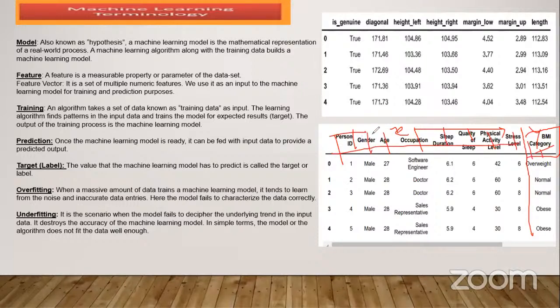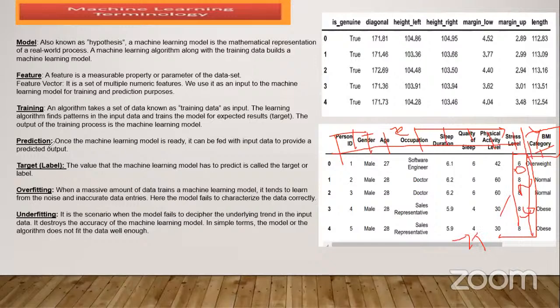On the basis of these features or columns only, I'm trying to predict Y. And then prediction: once I am able to provide this data, my model will create similar predictions, like this test column, and it will give me whether I am obese, normal, or overweight. This will be an additional column, provided on the basis of this. Whenever you pass any test data, it will be able to give you a prediction.